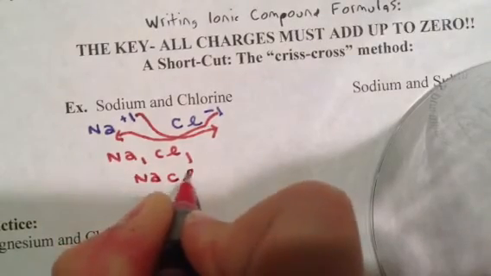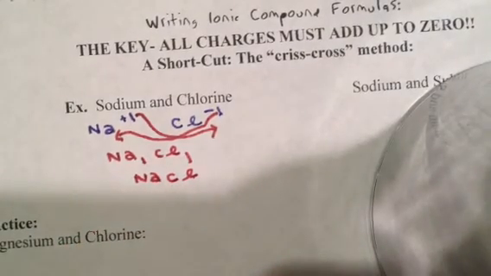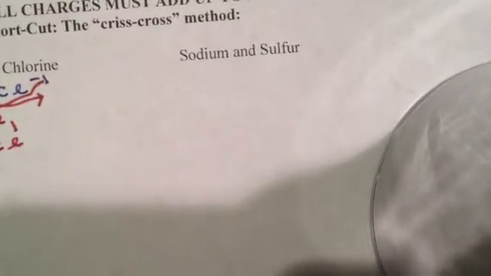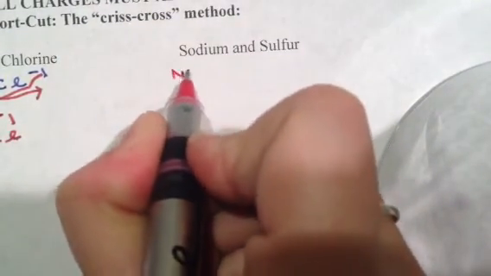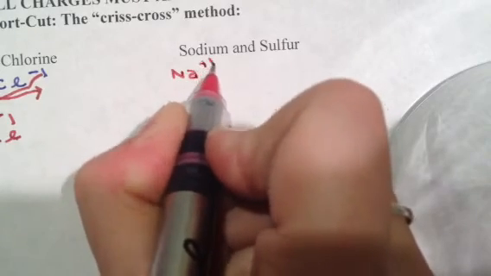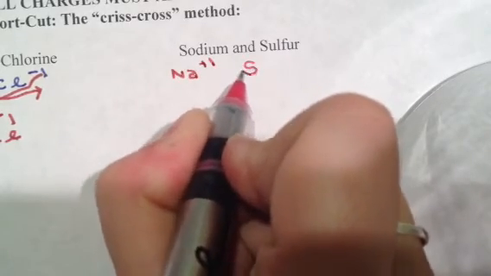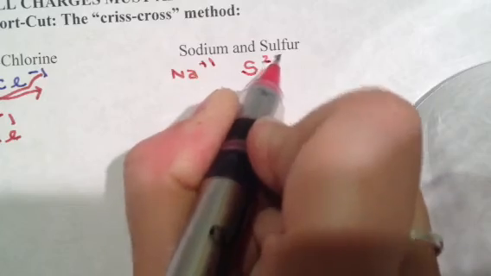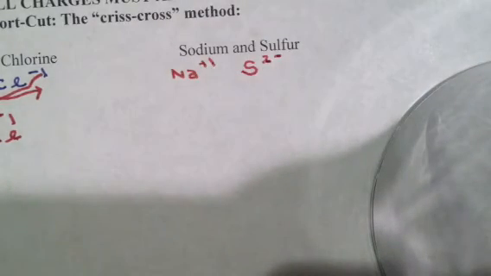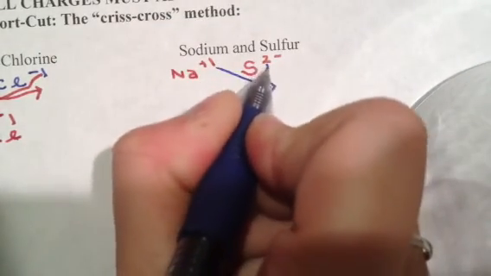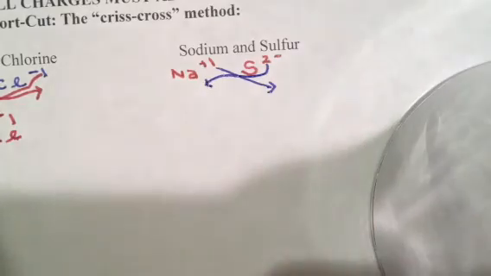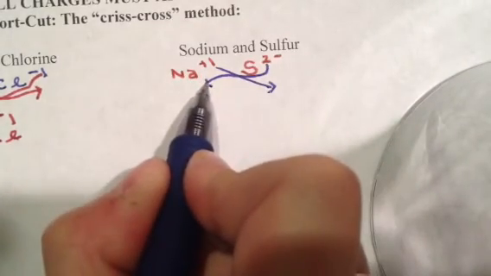Okay, let's look at a little bit of a more tricky one. Sodium and sulfur. Hardest part, guys, is finding the charge. So we've got Na, which has a +1 charge, and sulfur, which has a 2- charge. Now, crisscross your charges. That 2 is going to become a subscript for sodium.